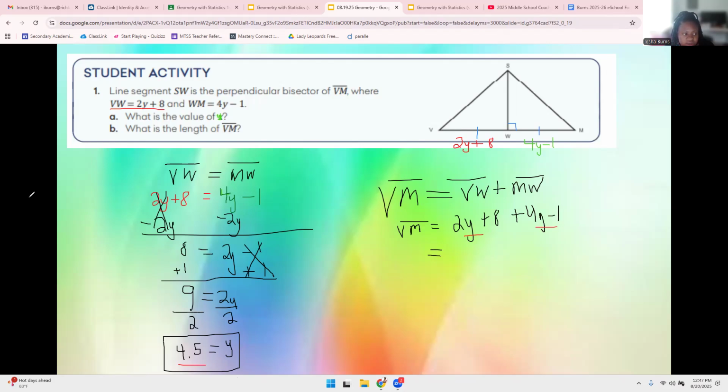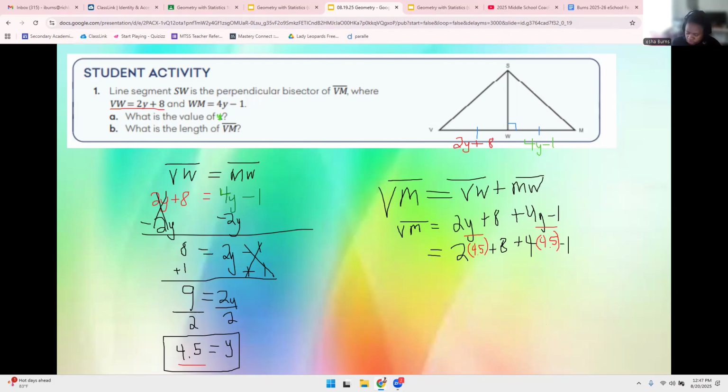So I'm going to write everything without y first. I'm going to plug y in red, and I'm going to plug in my y value, which is 4.5. And I'm going to put this in the calculator straight like that.